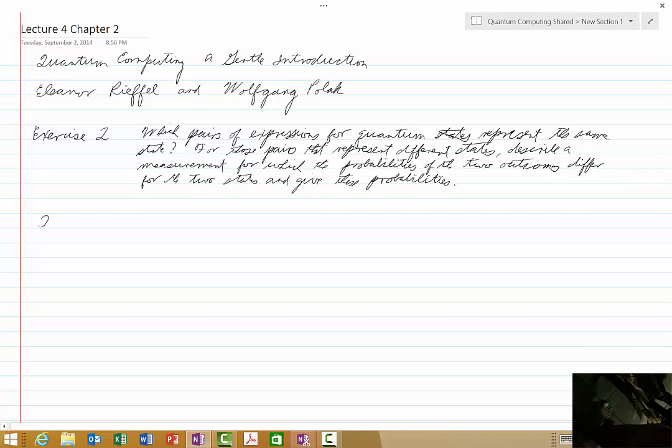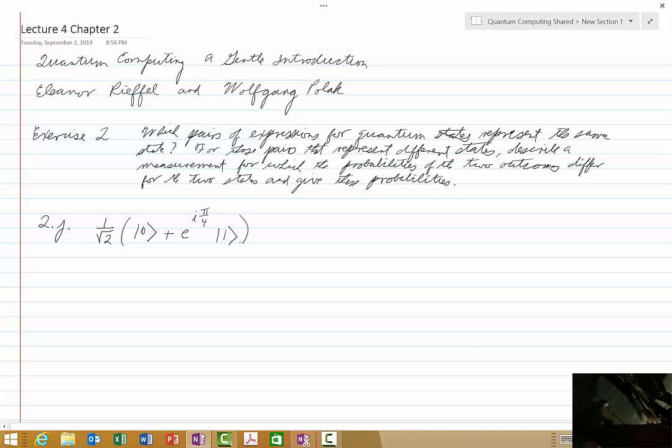So this is problem 2J in your book. And the two different states that we are supposed to consider are the following. We have 1 over the square root of 2 times the 0 ket plus e to the i pi over 4 times the 1 ket.